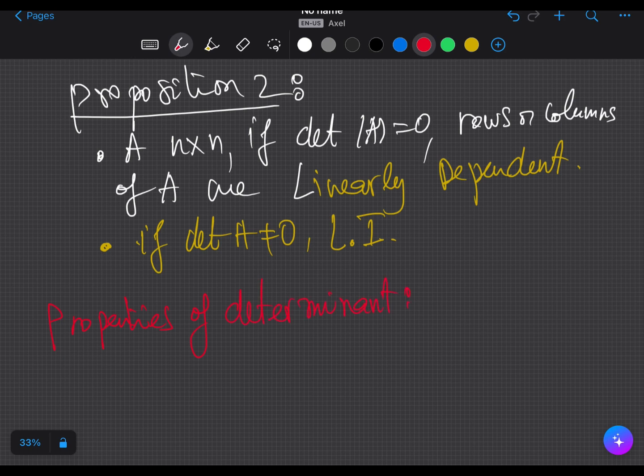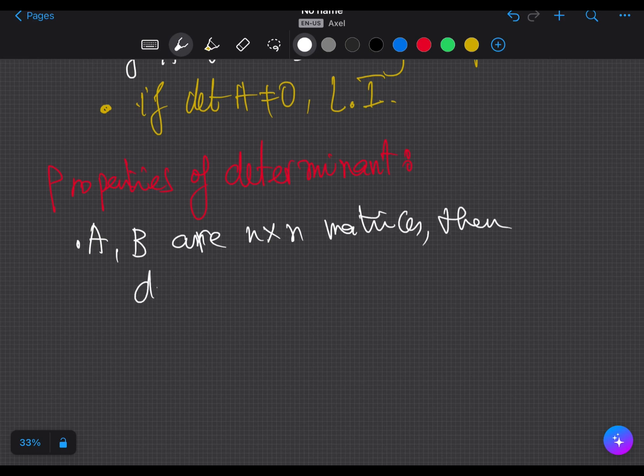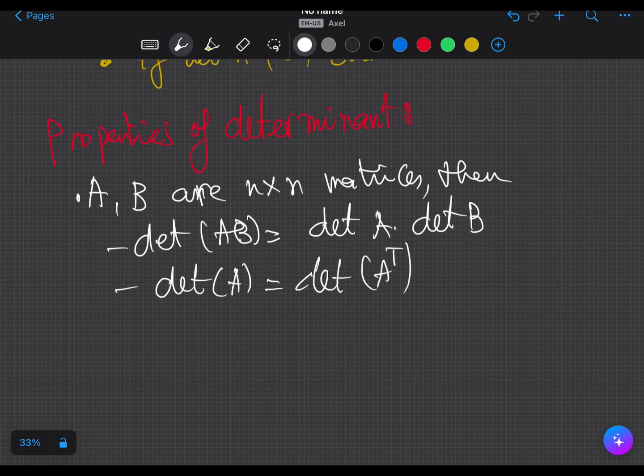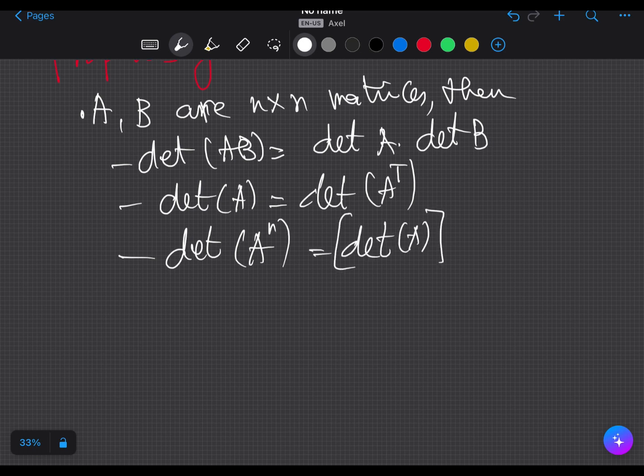For instance, if A and B are square n times n matrices, then the determinant of AB equals the determinant of A times the determinant of B. Also, the determinant of A is the same as the determinant of the transpose of A. And we can also give this one: the determinant of A to the power n equals the determinant of A, all to the power n. So these are very useful facts that you need to know about the determinant.